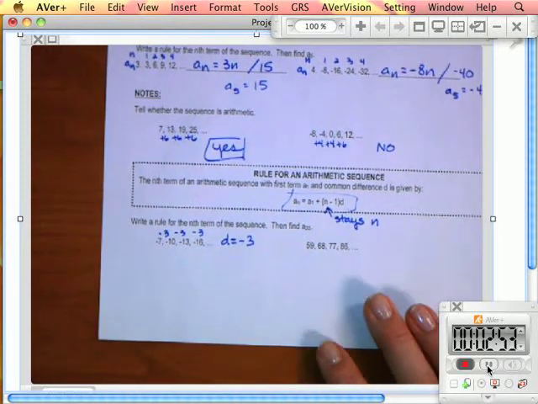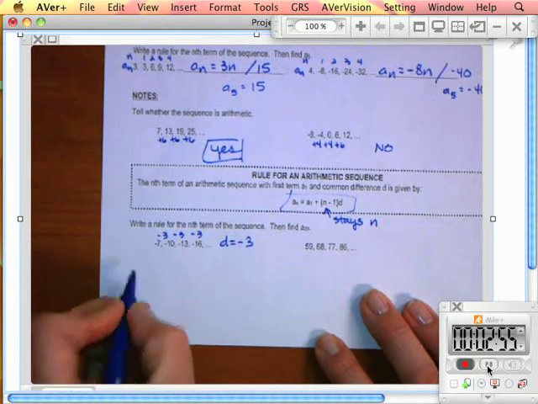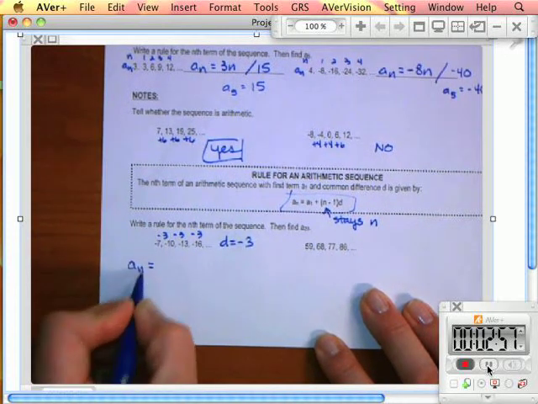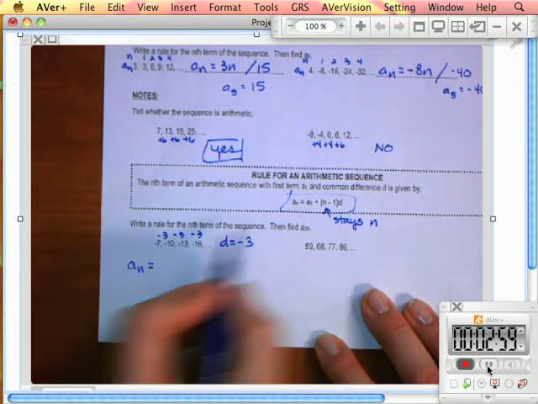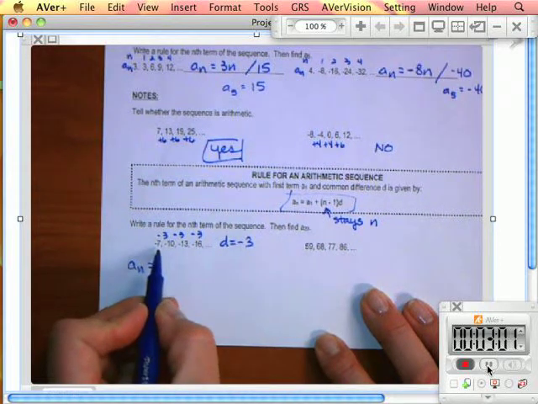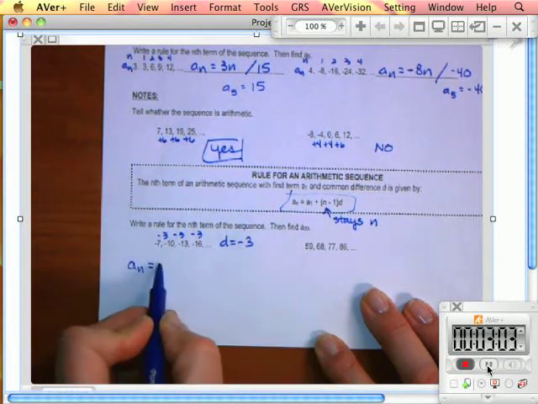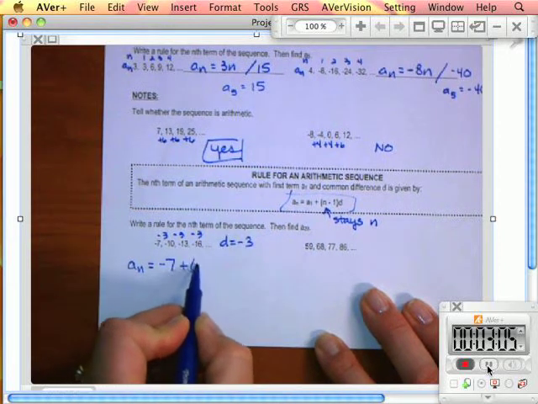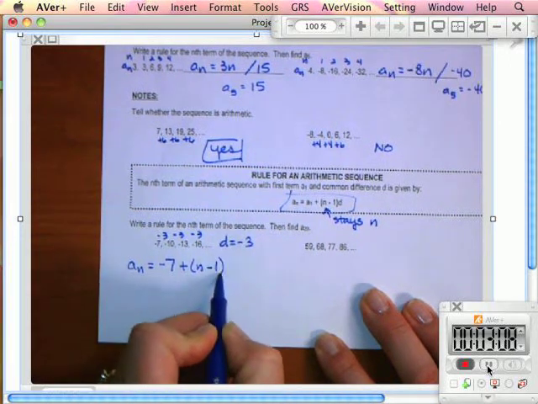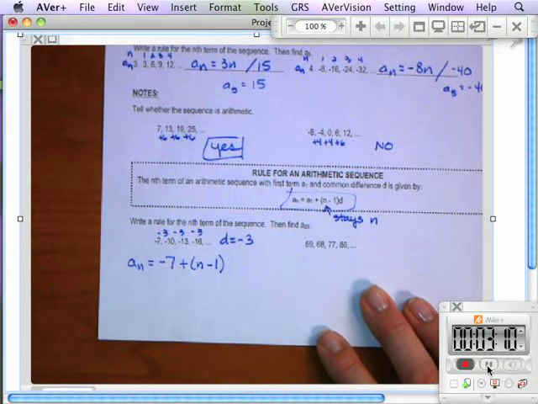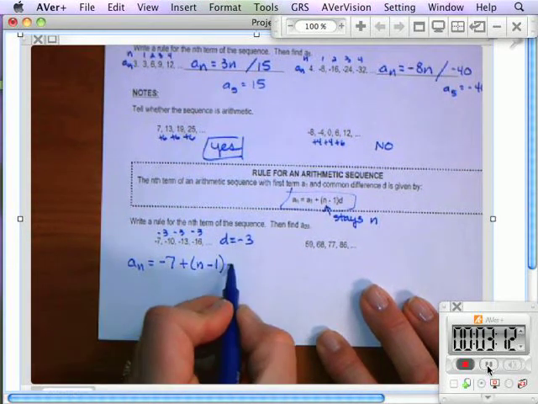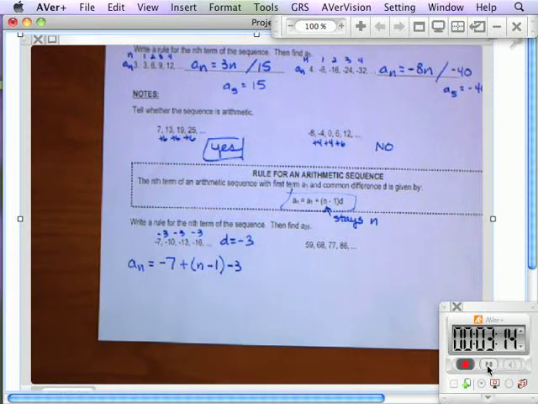And then we just plug in everything else into the formula. A of n, which is what we're going to find out. The first term is what number? That's what A1 stands for, negative 7. And then you keep n minus 1 times the difference we determined to be negative 3. That's not a minus 3. It's a multiply by negative 3.